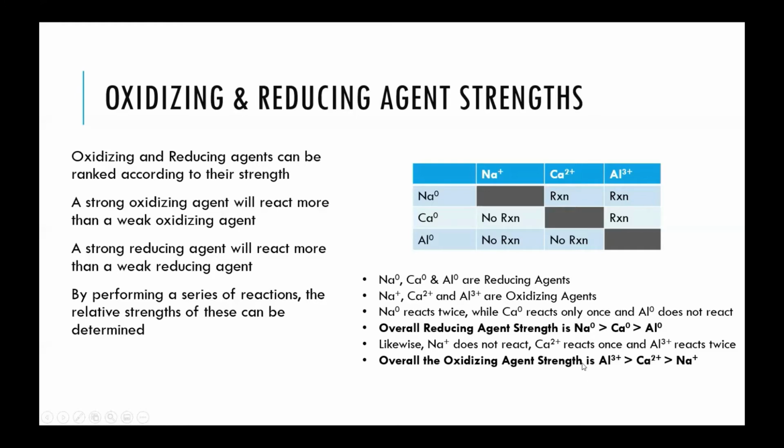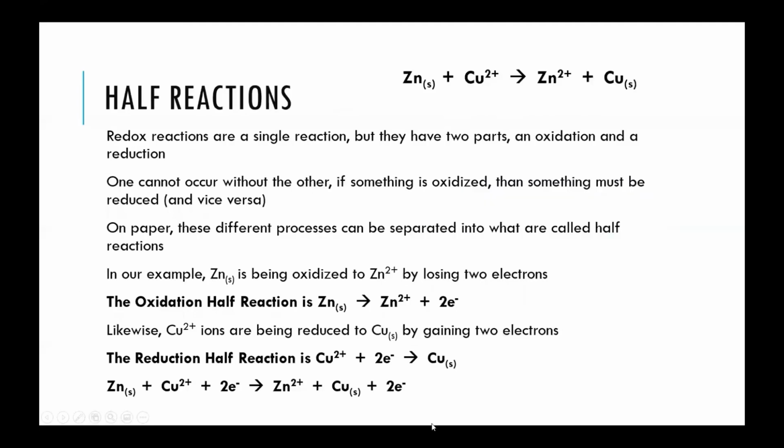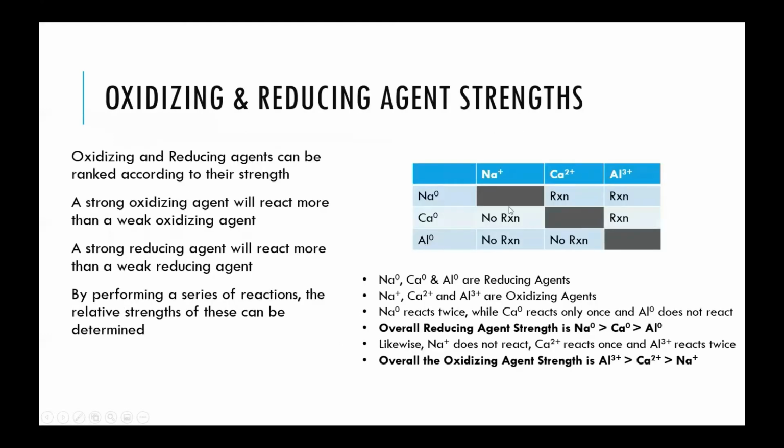So in the first part of the experiment, we're going to be looking at different redox reactions, balancing these simple redox reactions. Nothing as complicated as the balancing in acidic or basic conditions from the last experiment, but just balancing simple redox reactions between metals and their ions, and ranking their relative strengths.